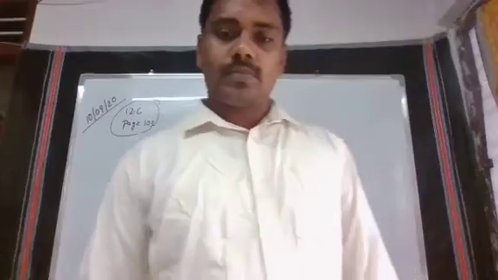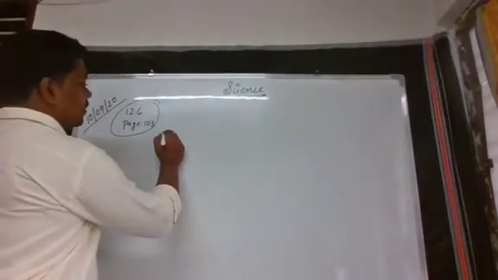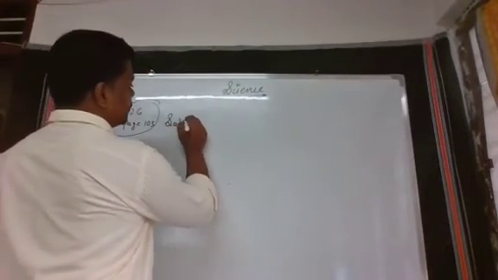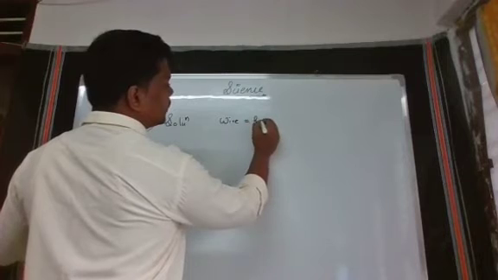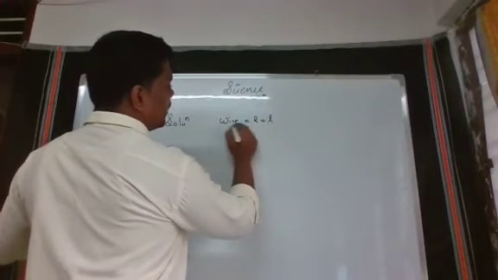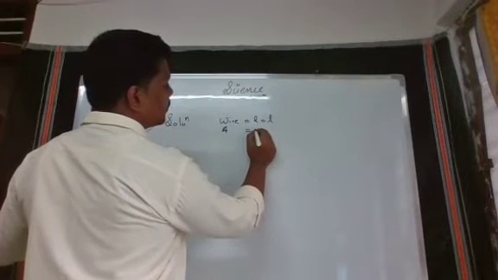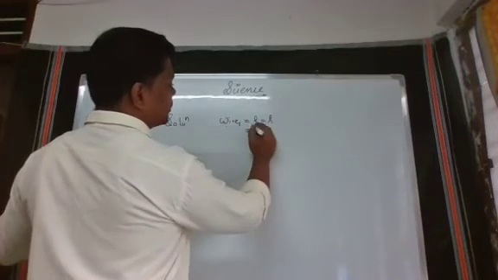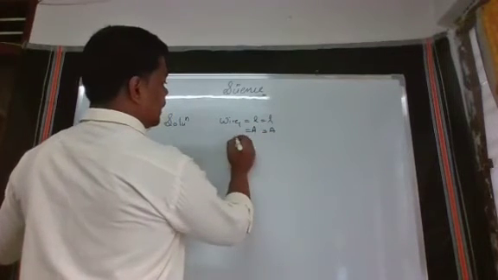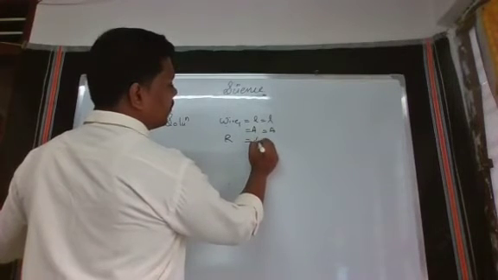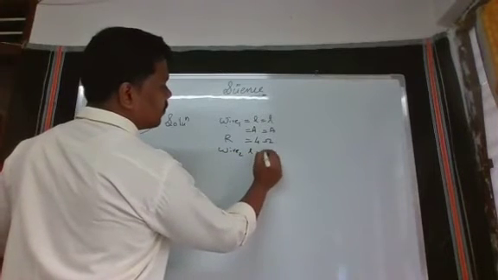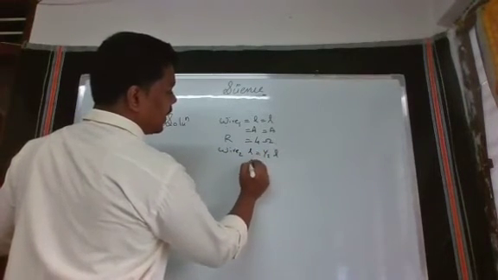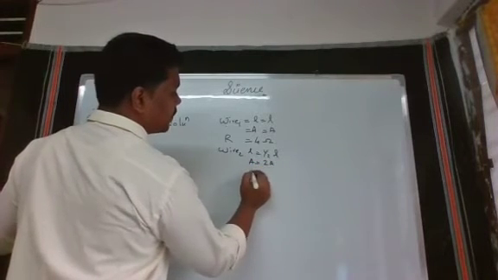In the solution, what is given? In case of wire 1, the length is L, the area of cross section is A, and the resistance is 4 ohm. In case of wire 2, the length is 1 by 2 L, the area is 2A, and the resistance we want to find.